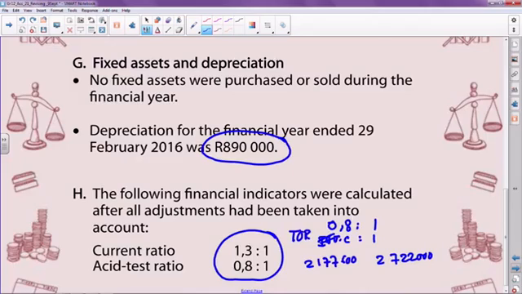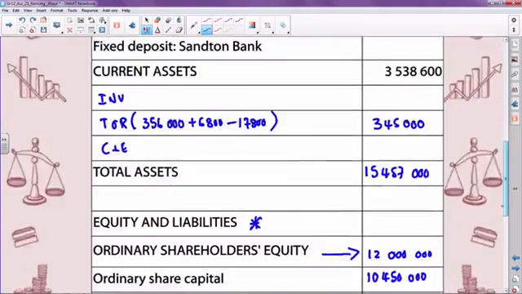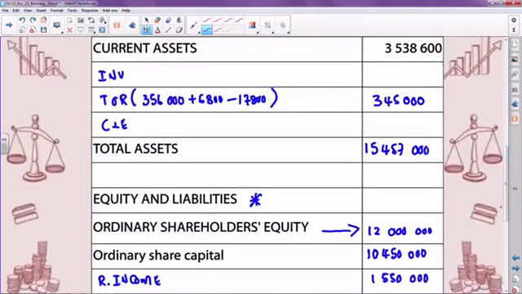Why? My inventories are excluded. So it's current assets minus inventories. In other words, it's trade and other receivables plus my cash and cash equivalents. That total worked out to 2,177,600. But I do know what my trade and other receivables are, don't I? Let's find our trade and other receivables, which was 345,000.